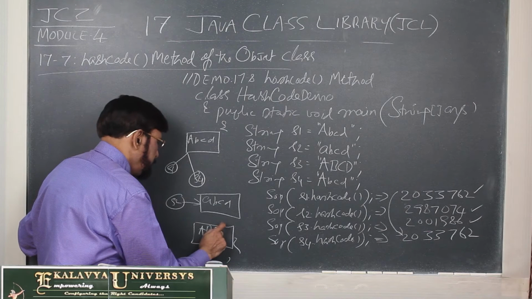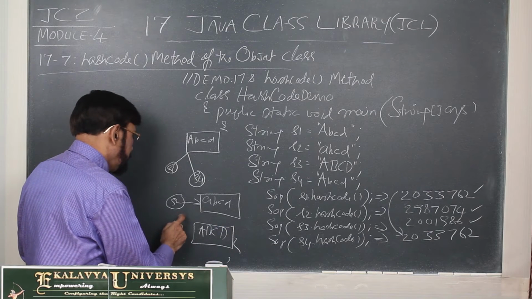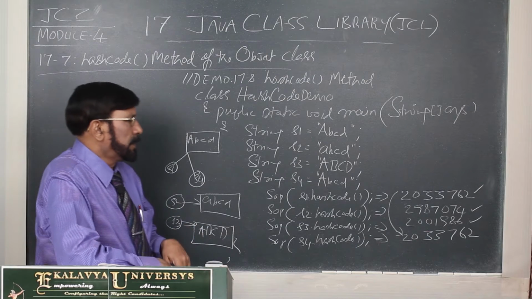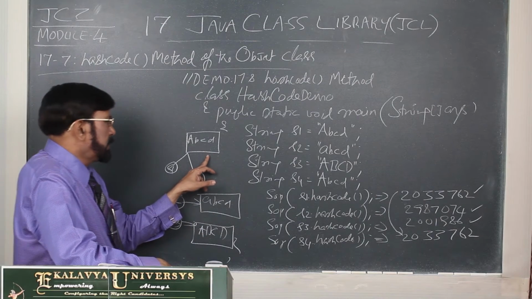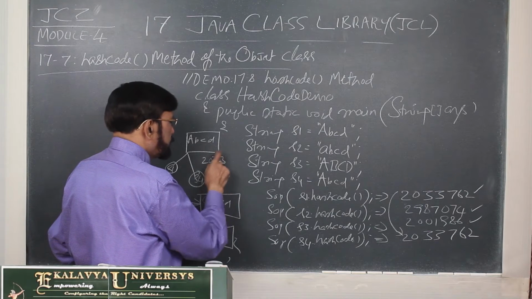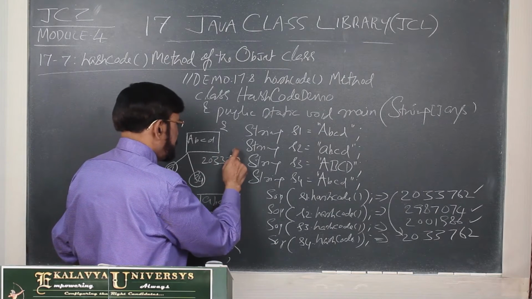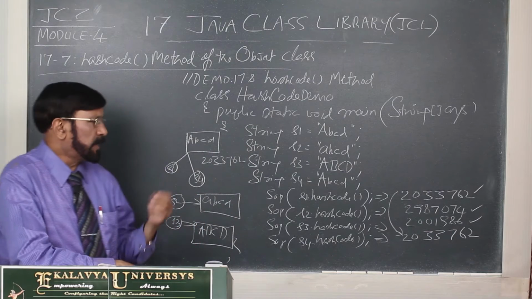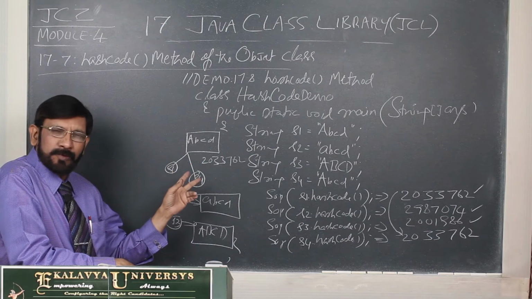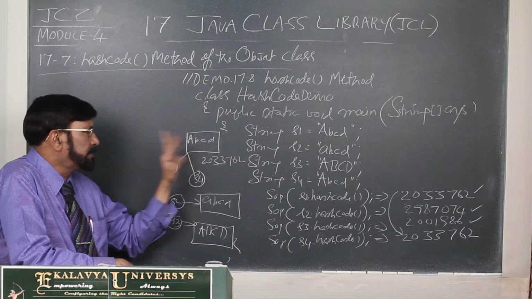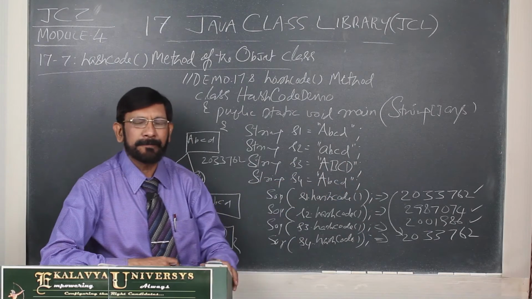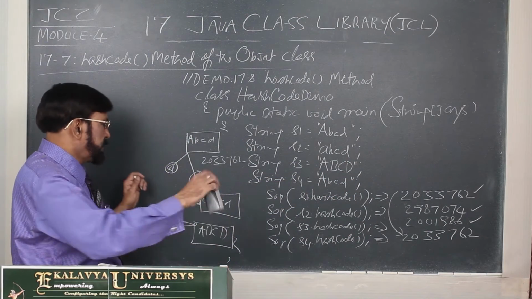Next, ABCD, this is also unique content. So now we see for this one the hash code created is 23762. Here what you have to understand is that the object is 1, the references are 2, the references may be 100 also, but the object is 1. That is why the same number is allocated. Okay, you understand this point.